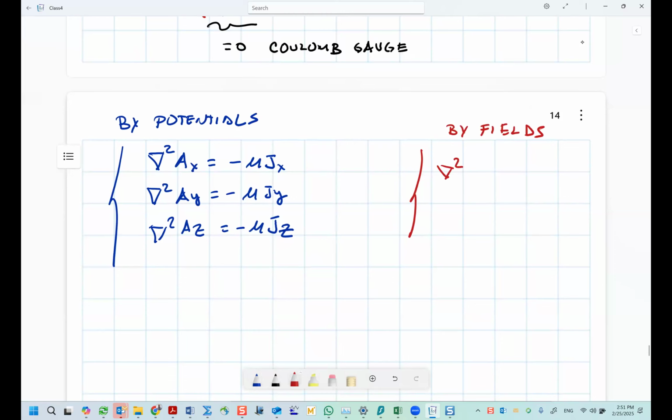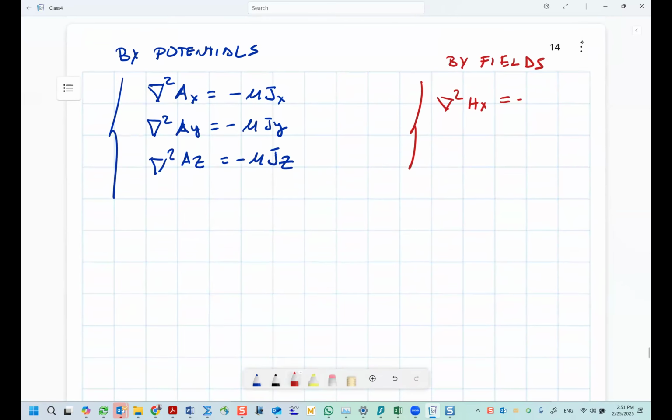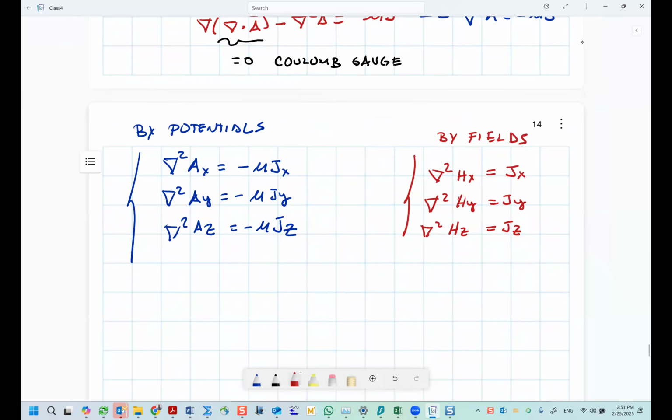The Laplacian of, let's say, Hx would simply be equal to the positive Jx, the Laplacian of Hy equals Jy, and the Laplacian of Hz equals Jz. So it seems to be the same.